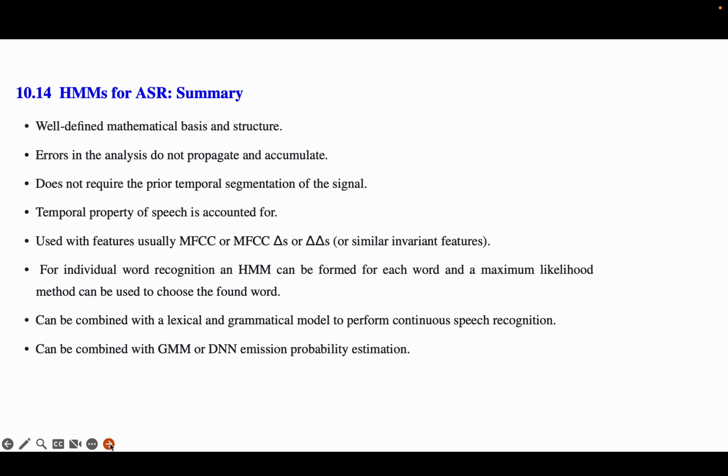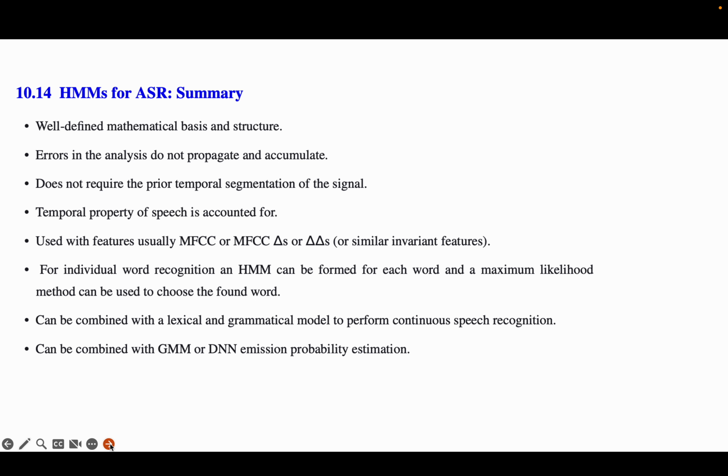So in summary, the hidden Markov model is pretty well defined in its mathematical basis and structure. You do not accumulate errors in the model, because you have an observation at each temporal step.